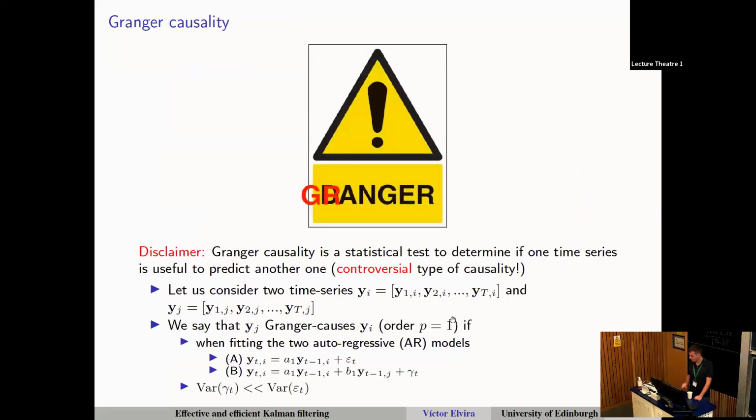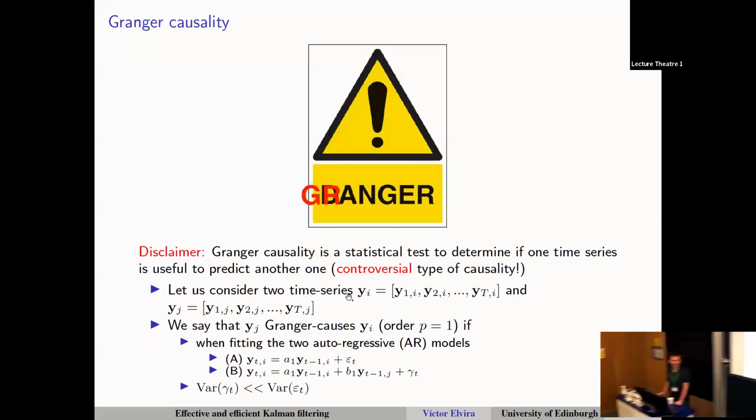Okay. I just want to show you this with this slide. This is exactly what Peter said. Be careful when you talk about Granger causality. If you talk to philosophers or some people working heavily in causality, they will tell you this is not actual causality, and you had the rooster sunrise example that is very good that I will copy from now on, if you don't mind, Peter. I like it.